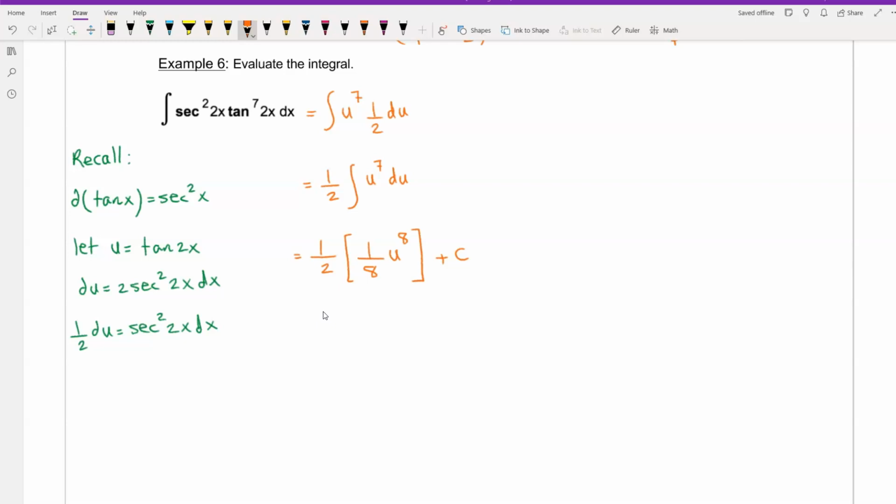Now instead of u, use tangent 2x. So 1 over 2 times 1 over 8 times tangent to the power 8 of 2x plus c. So here 1 over 2 times 1 over 8 is 1 divided by 16, tangent to the power 8, here we have 2x, plus c for constant. So this is our final answer for this part.